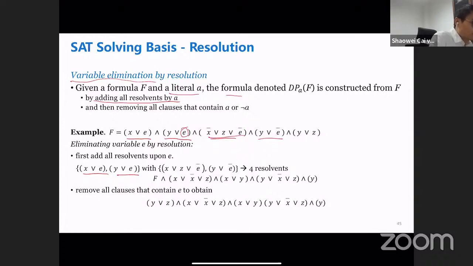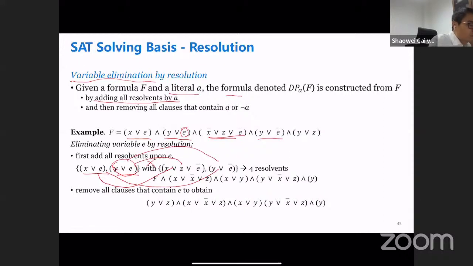So we have a cardinality set about these two sets of clauses. Then the first clause can be connected with this one and this one, and the second clause can also be connected to this one and this one.